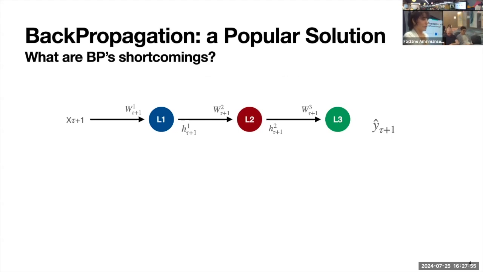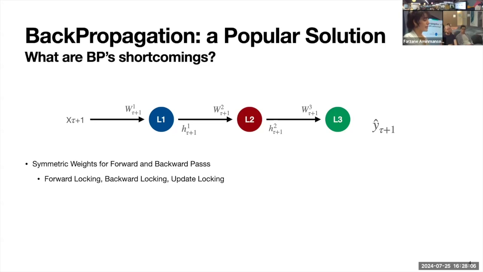What you see here is that there should exist symmetry in the weights of the forward pass and backward pass. That means we have forward locking, backward locking, and update locking. These are all waiting times that we have to spend.